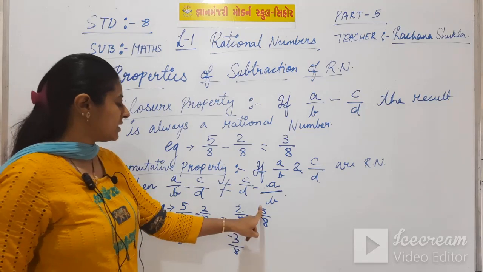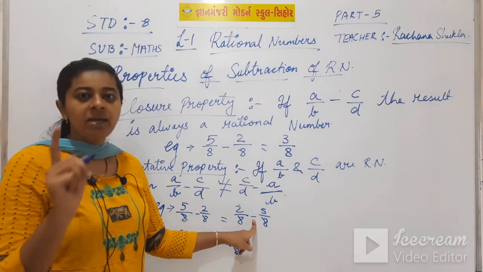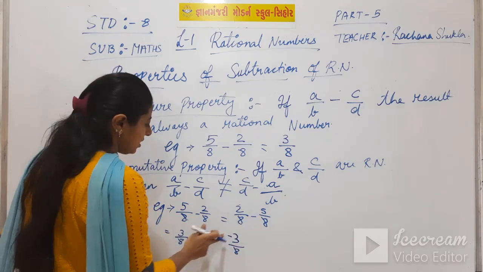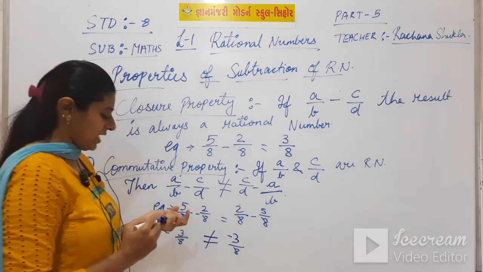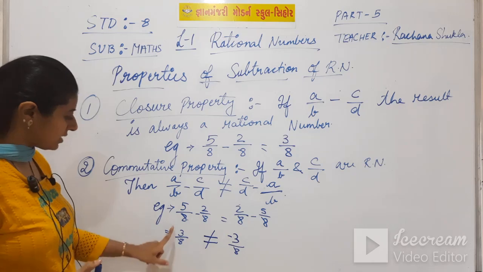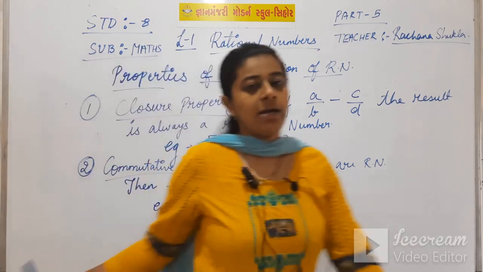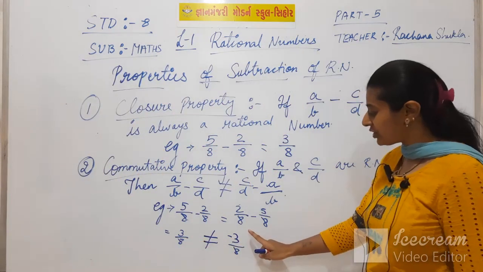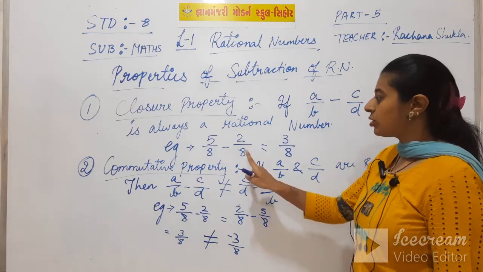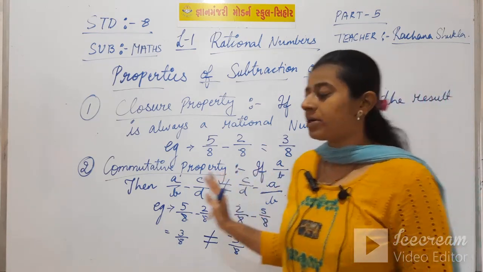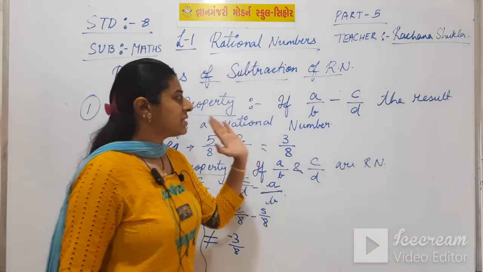Why? Because here 5 is greater, so 3 is negative. So you do not get the same answer. Here you got the answer 3 upon 8, and on the RHS you got the answer minus 3 upon 8. So commutative property is not possible in case of subtraction.